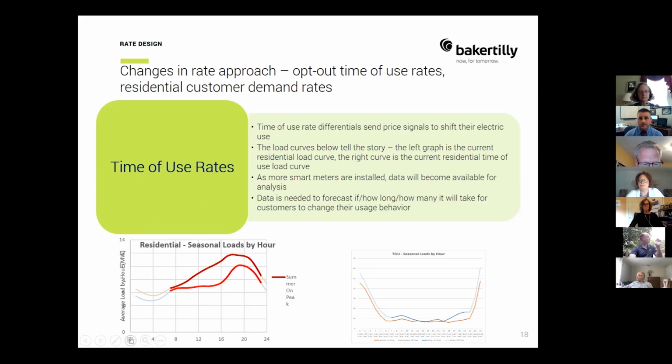Down at the very bottom are the hours of the day, 0 through 24, and the load is on the axis here. The blue is the winter season, which runs October 1 through May 31.